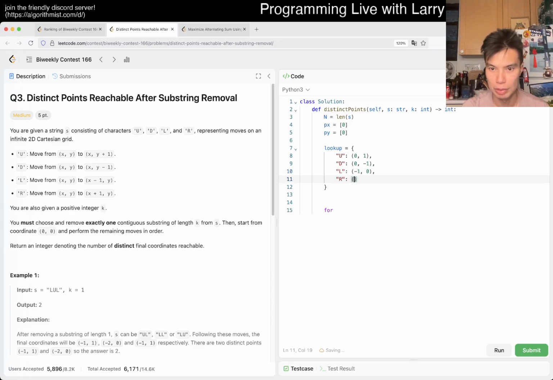There's no barriers or anything, right? Okay, and now for dx and dy, we want to look up with d. Oh, well, no, I mean that's why we don't need it.